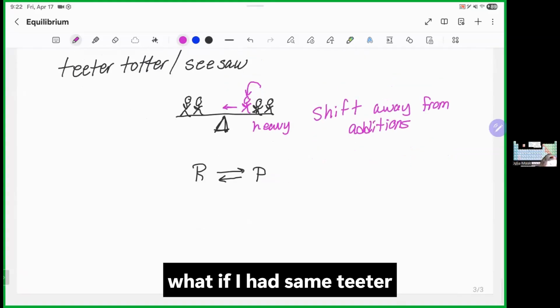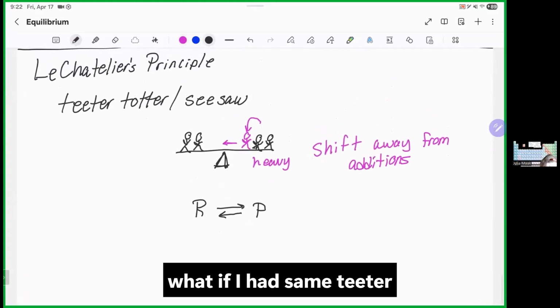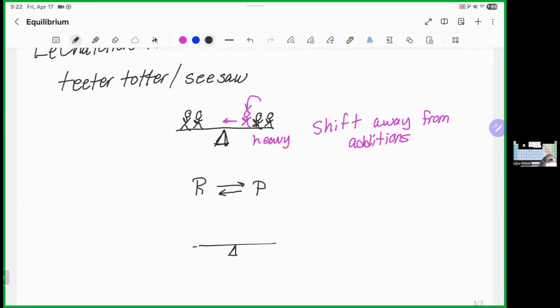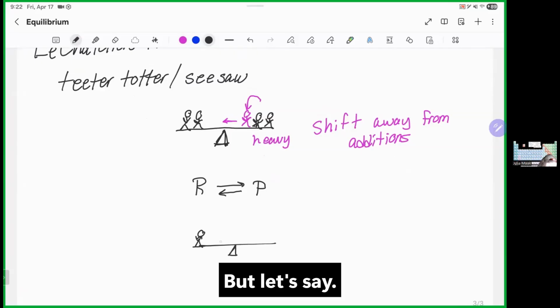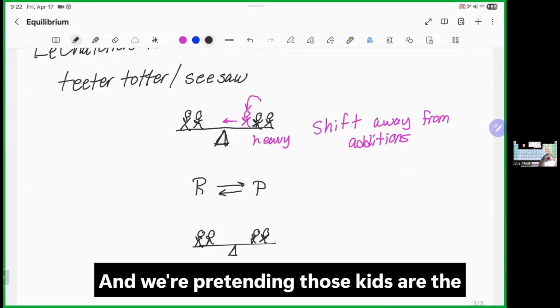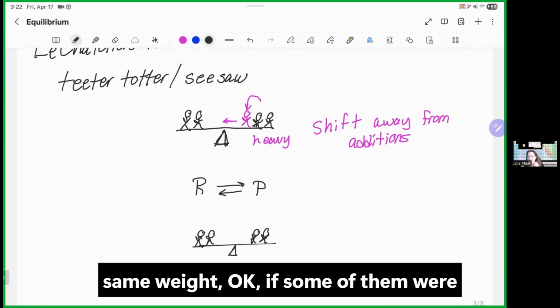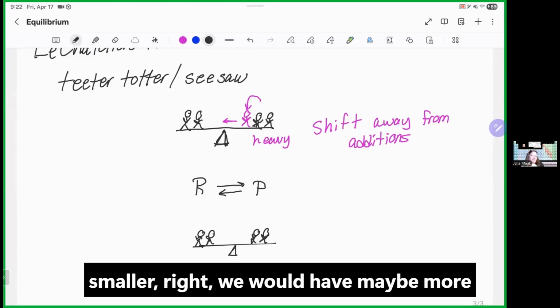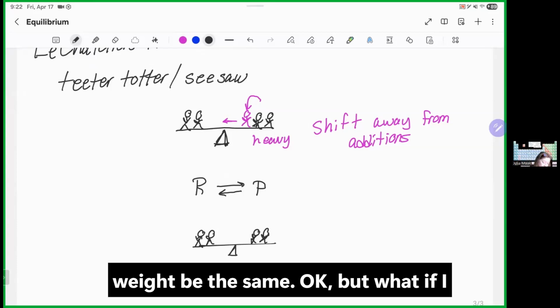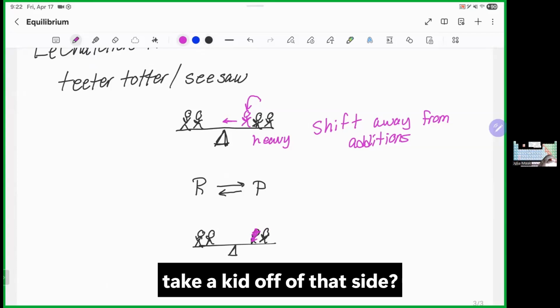So what if I had the same teeter-totter, same idea going on, and we're pretending those kids are the same weight. If some of them were smaller, we would have maybe more on one side to make the weight be level. But what if I take a kid off of that side?